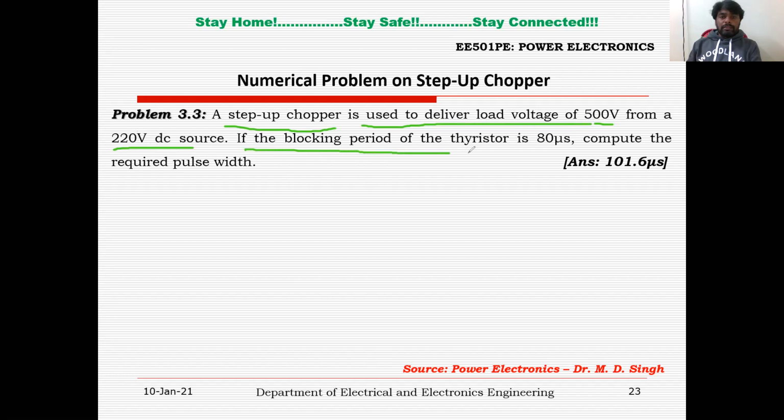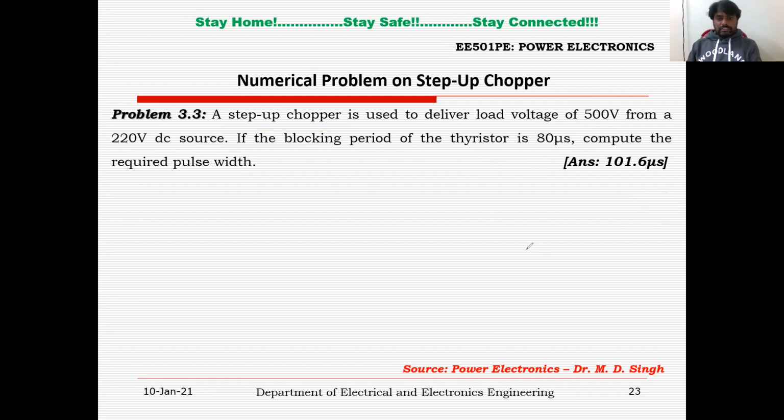If the blocking period of the thyristor is 80 microsecond, compute the required pulse width. We need to calculate at what value of on-time period you can boost the 220 volts to 500 volts. So that is what we are going to calculate here, right?